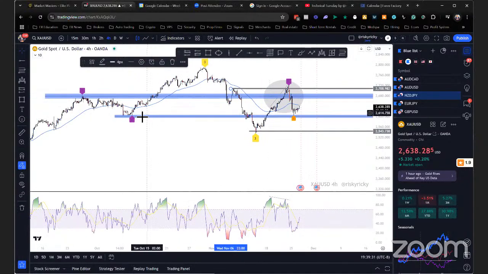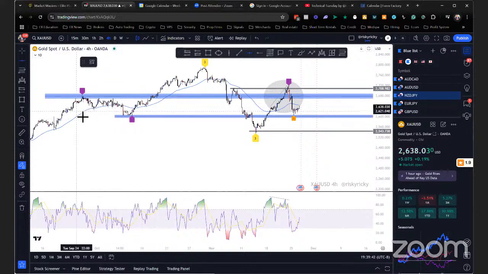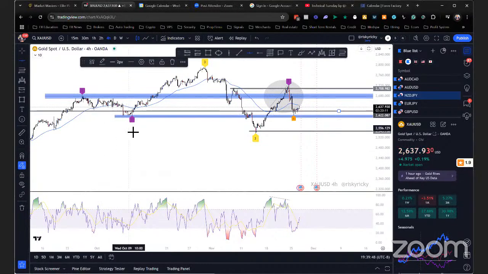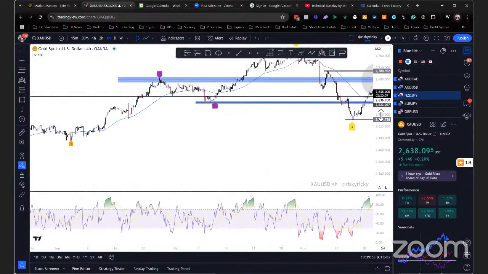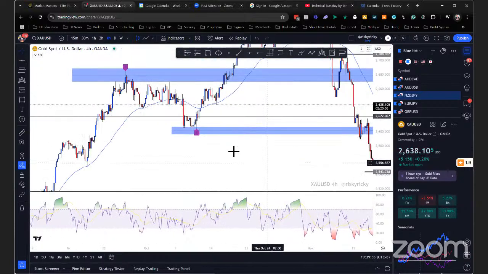And there's a bit more structure here too. So if I put this line here, I can see. You can zoom in so you can see that better.